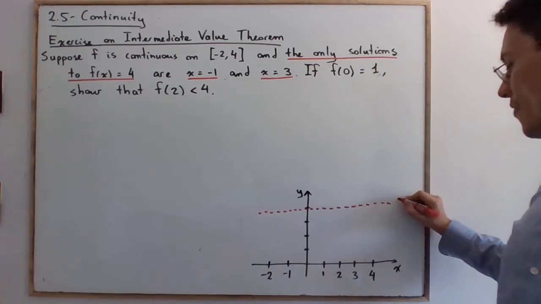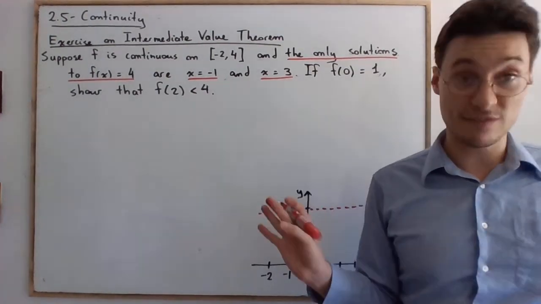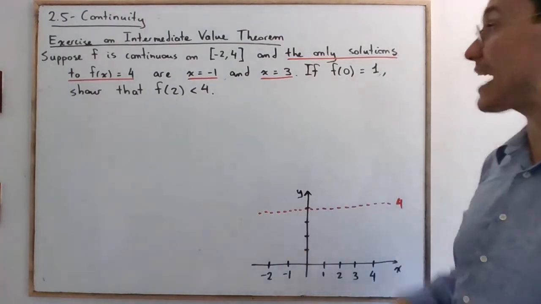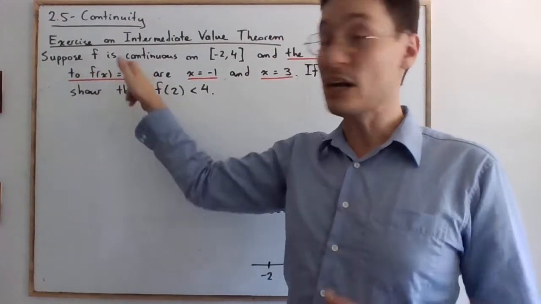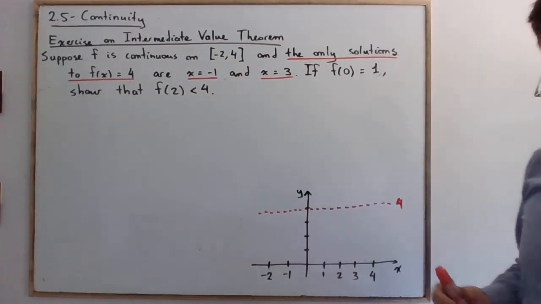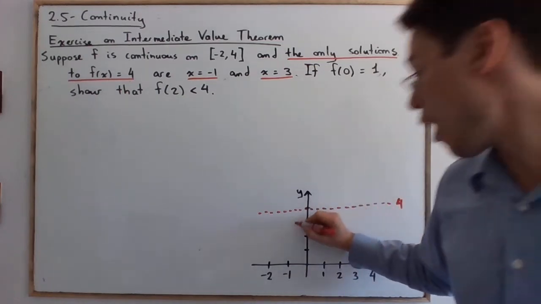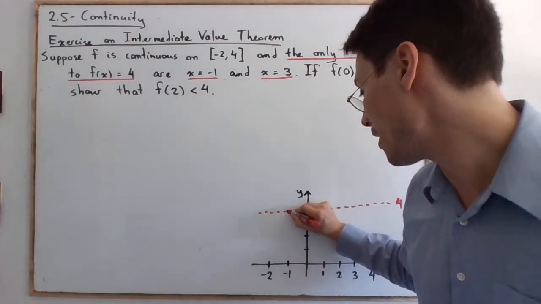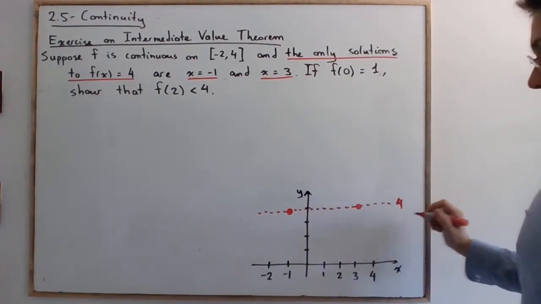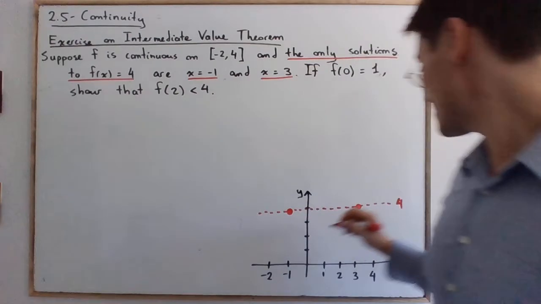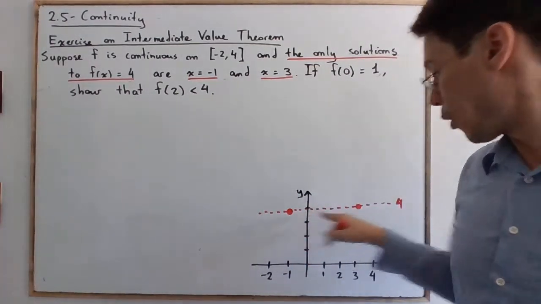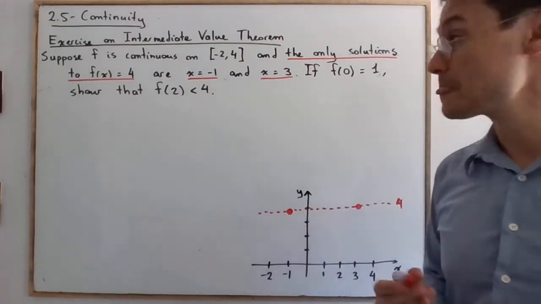That would be like another function, like g of x equals 4, let's say. But f of x, we don't know what it is. We just have an equation that's f of x equals the constant function 4. And what we are told is that this function coincides with 4 only at -1 and 3. So what I mean by this is that f doesn't cross this horizontal line more than on these two spots.